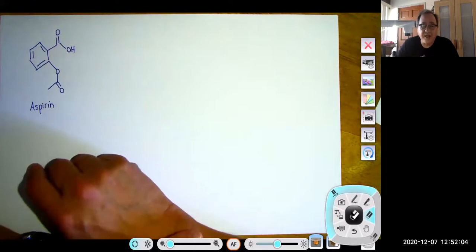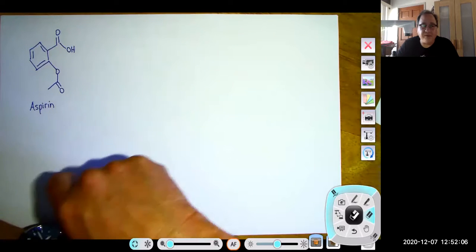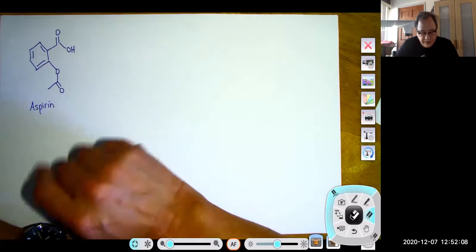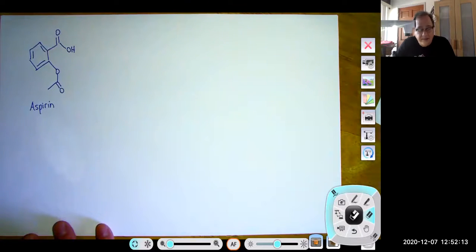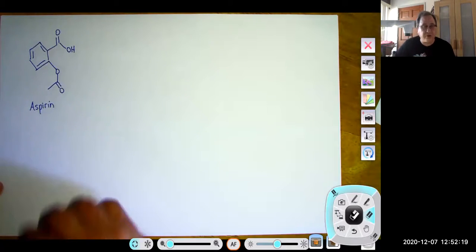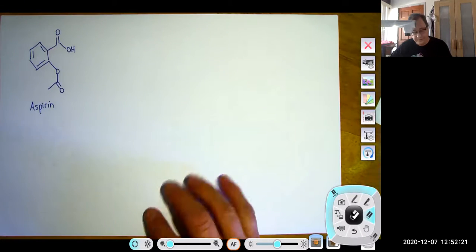It's not aspirin, it's aspirin. So this is aspirin, and this is an organic compound. It contains carbon, and you don't see any carbon atoms here. So let me show you how to turn this into a Lewis structure.